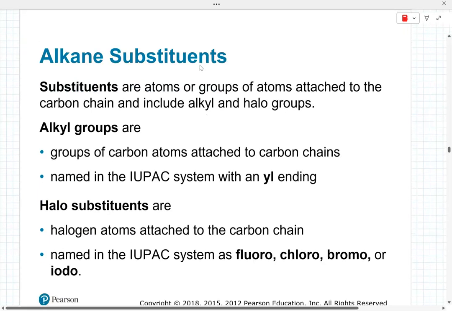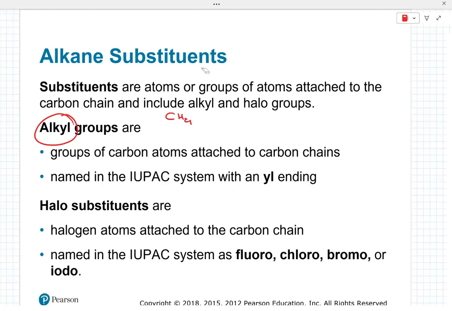Substituents. So the first type of substituents is alkyl groups. I'm going to give you some examples. If you don't remember, just tell me right away. What is the name for this molecule with 1 carbon? Methane. So the alkyl group out of it is going to be methyl. Ethane.